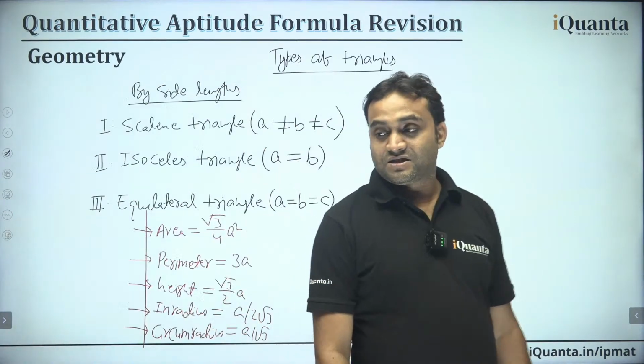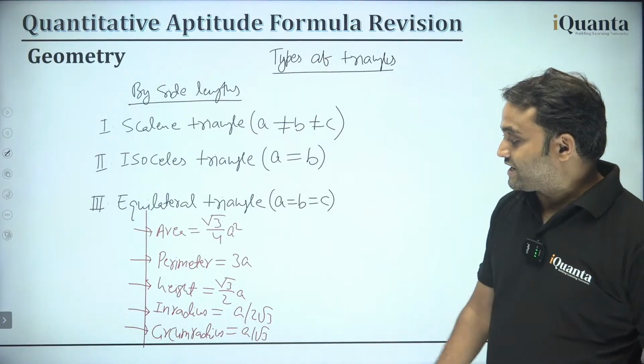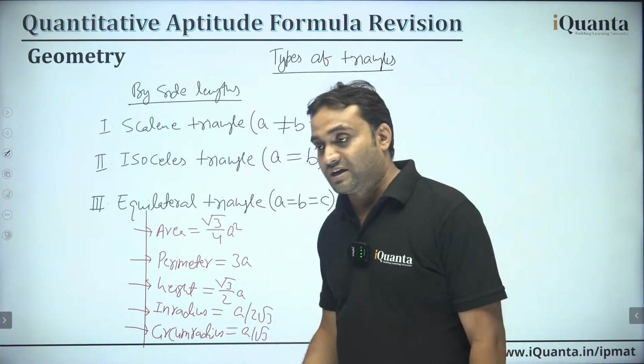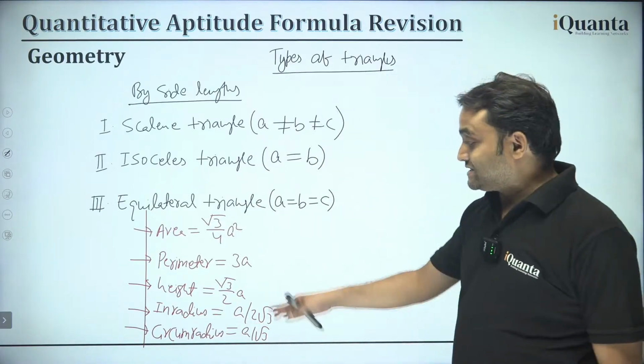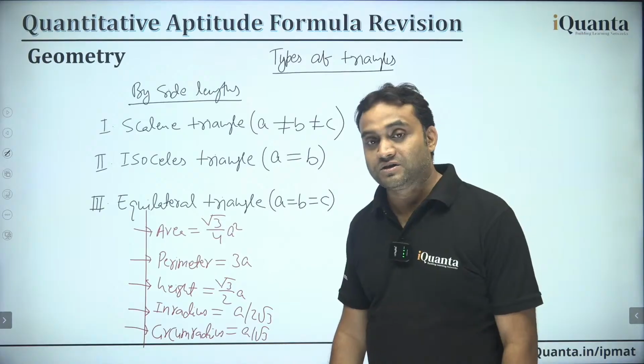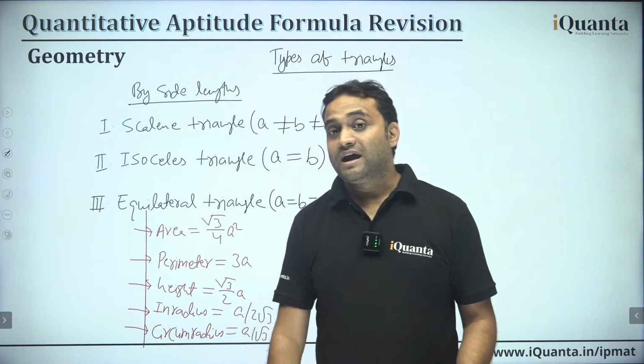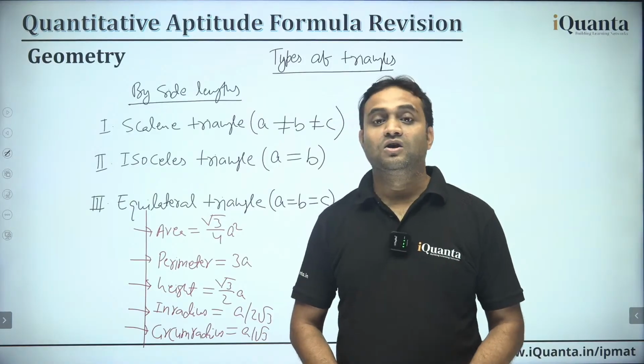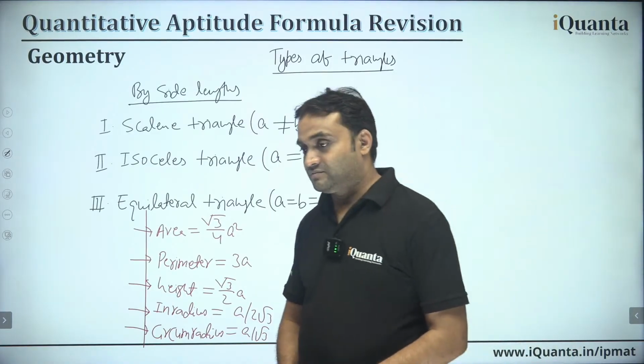You can find the height, perimeter and area of an equilateral triangle. All of these are very important information regarding equilateral triangles and will be used frequently when you solve questions on geometry. Okay.